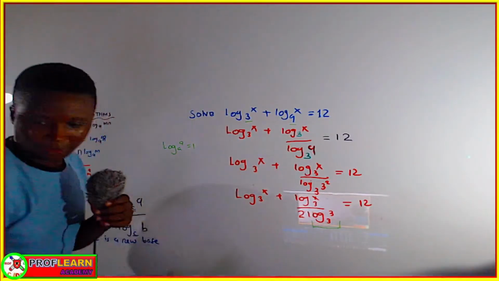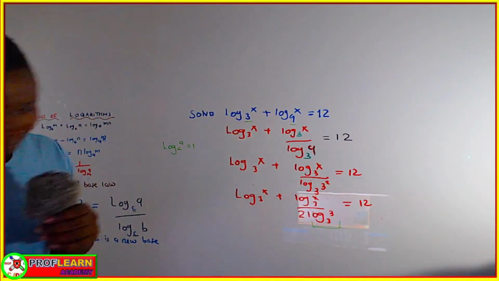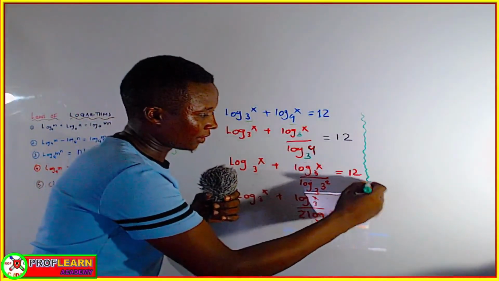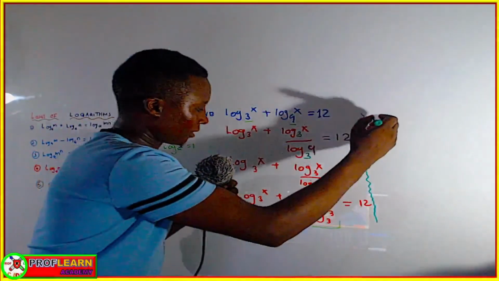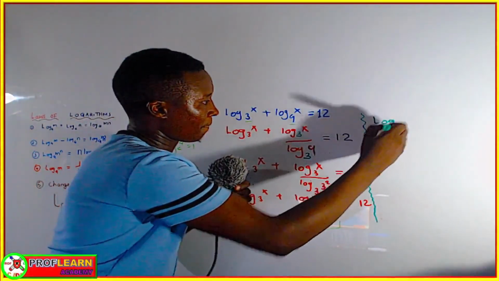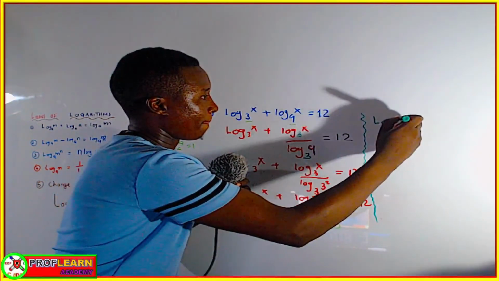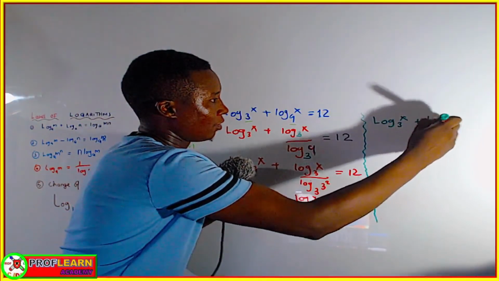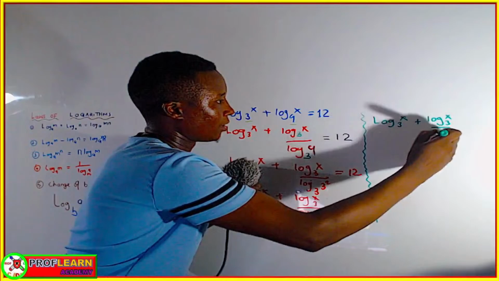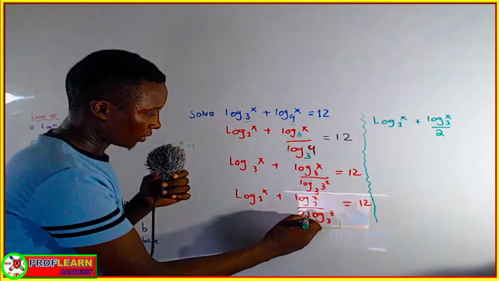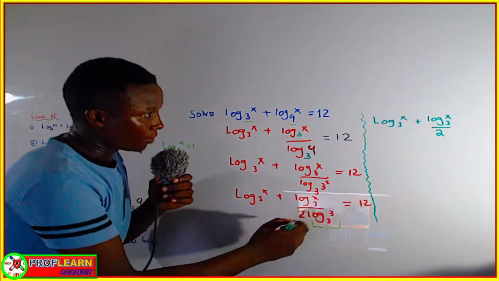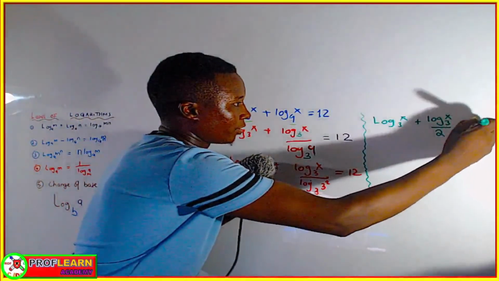Let me just write somewhere here. This ends up being log x base 3 plus log x base 3 over 2, because all of this becomes 1, then the number 2 remains, and this is equivalent to 12.